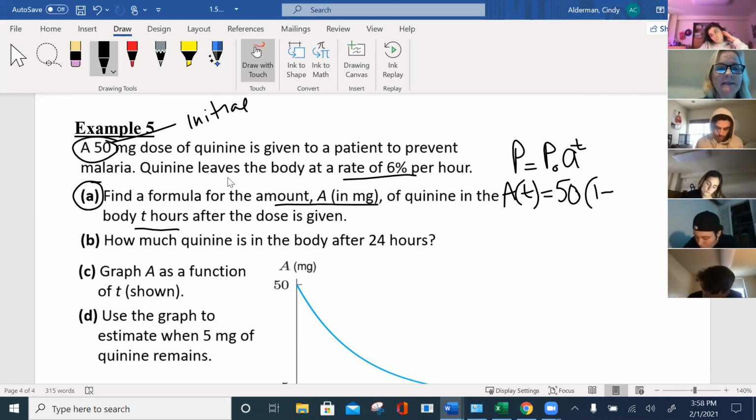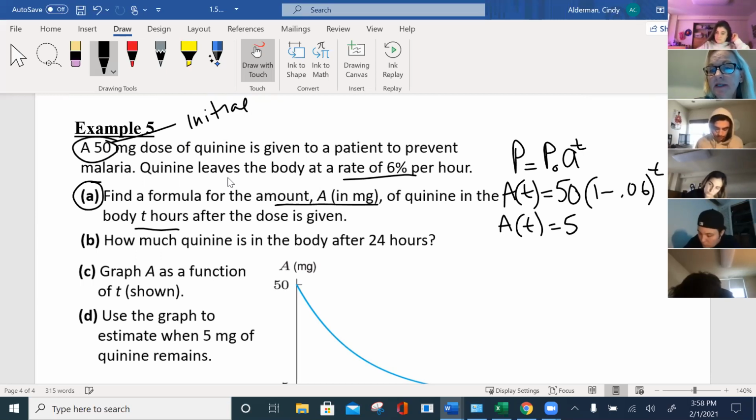It would be minus, right? Because this is decreasing. So 1 minus 0.06 to the t power. And then you just simplify that. A of t is 50 times 0.94 to the t power.